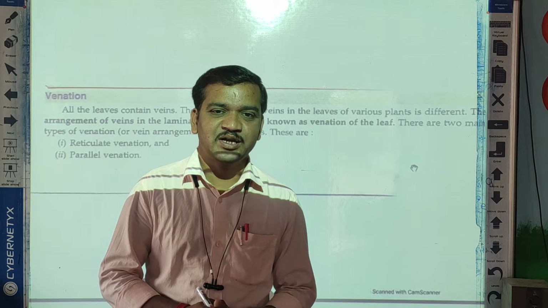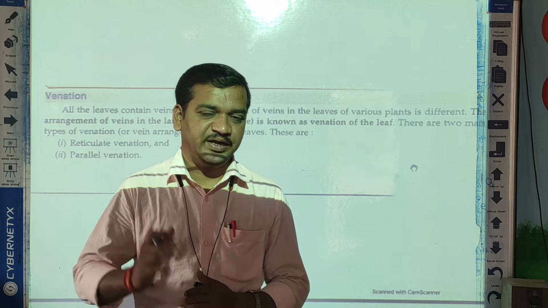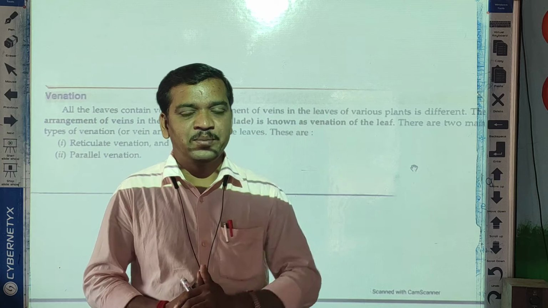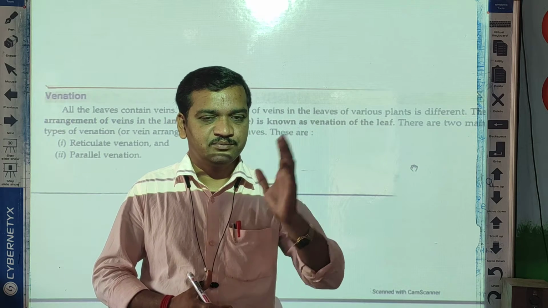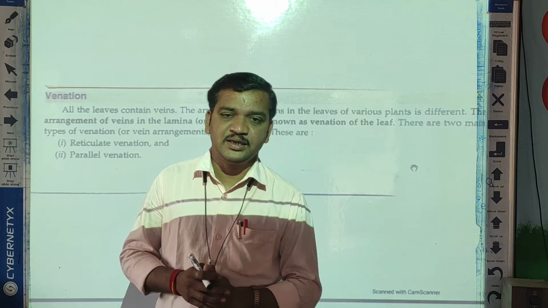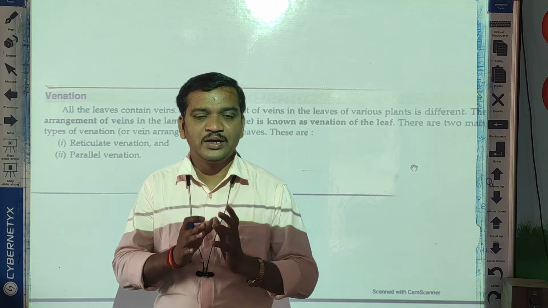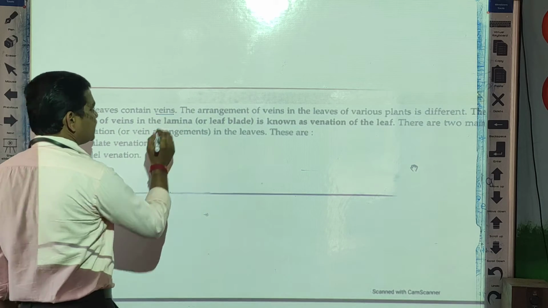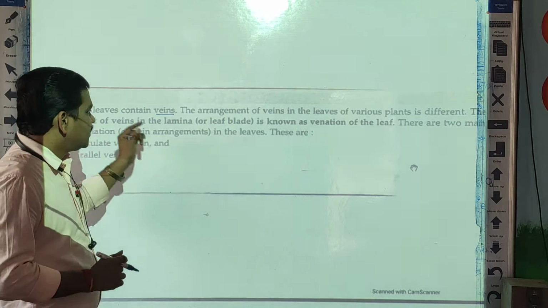Today we are going to learn about leaf venation. You might have seen so many varieties of plants and their leaves. But one thing is common, that all leaves contain veins.